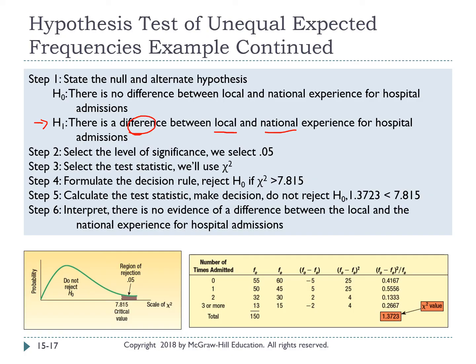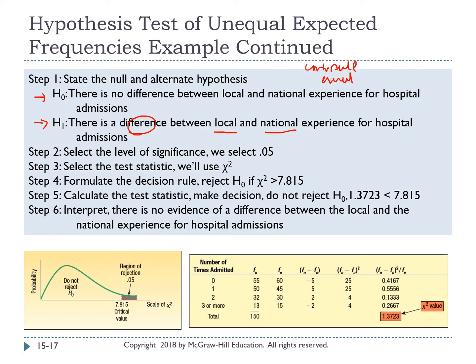Because in the previous slide, the word used is consistent. Consistent means equals or the same. So H1 cannot contain the equal sign, and in H1 we always have difference or not equals. So for the H null we can say there is no difference, or consistency, between the local and national experience for hospital administration.